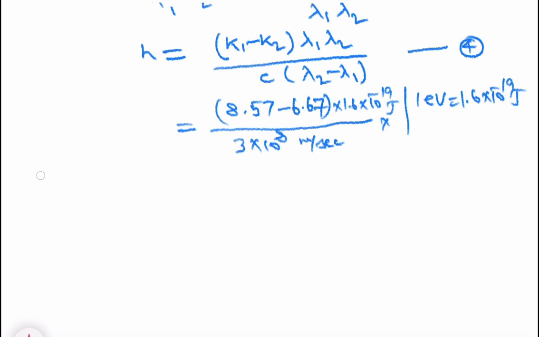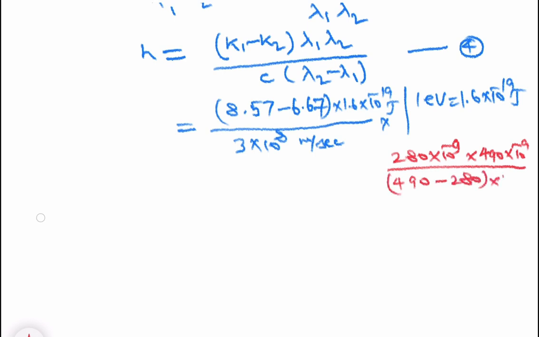and the value of lambda 1 lambda 2 divided by lambda 2 minus lambda 1 will be written as 280 into 10 to the power minus 9 meter into 490 into 10 to the power minus 9 meter divided by 490 minus 280 into 10 to the power minus 9.